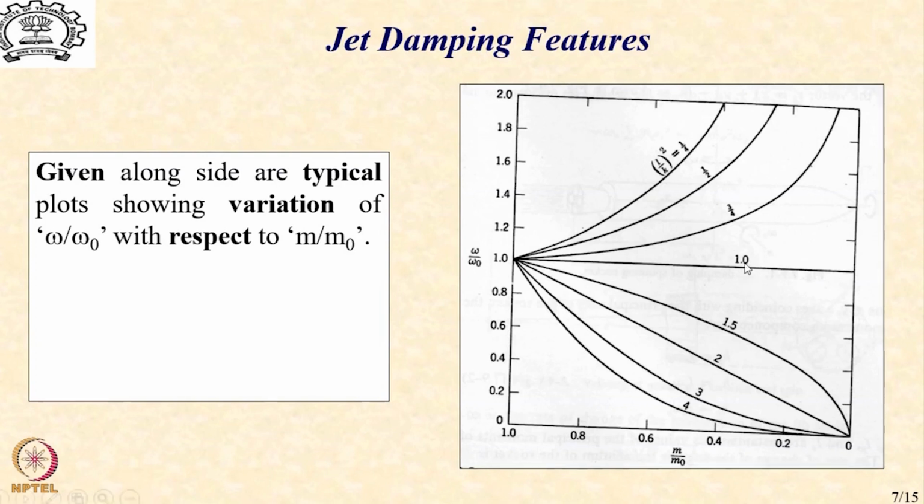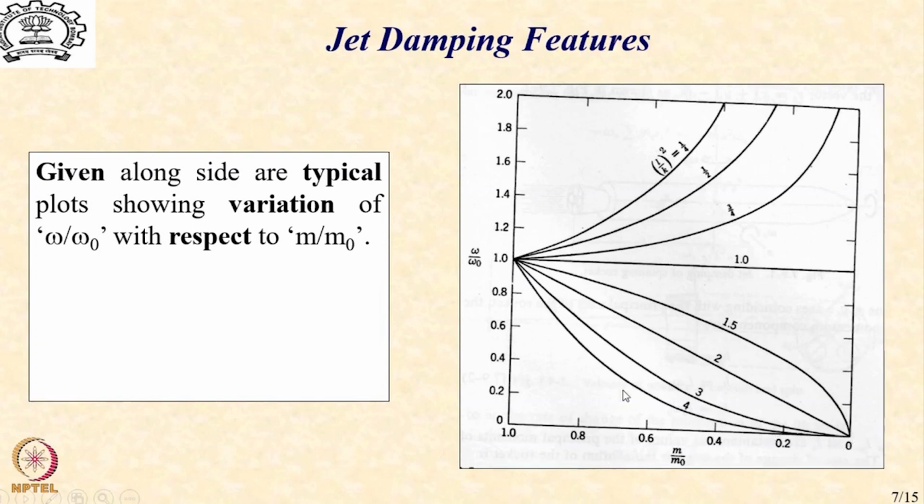Next, let us look at the cases of L by K greater than 1, like 1.5, 2, 3, 4, and we can see that as m by m naught decreases continuously to 0 from 1, which is at t equal to 0, omega by omega naught also continuously goes to a smaller value until it also becomes 0 as m by m naught becomes 0.